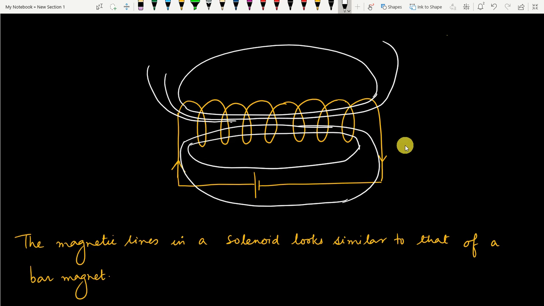Make sure that the magnetic lines are not intersecting with each other. So something like this. So the magnetic lines look exactly like a bar magnet.